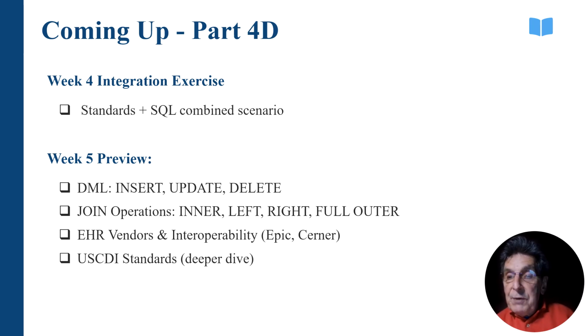Then we'll preview week 5 next week, which covers data manipulation language, DML operations. This is where we insert data, update records, delete records, or otherwise modify data. We'll learn join operations to join tables together.